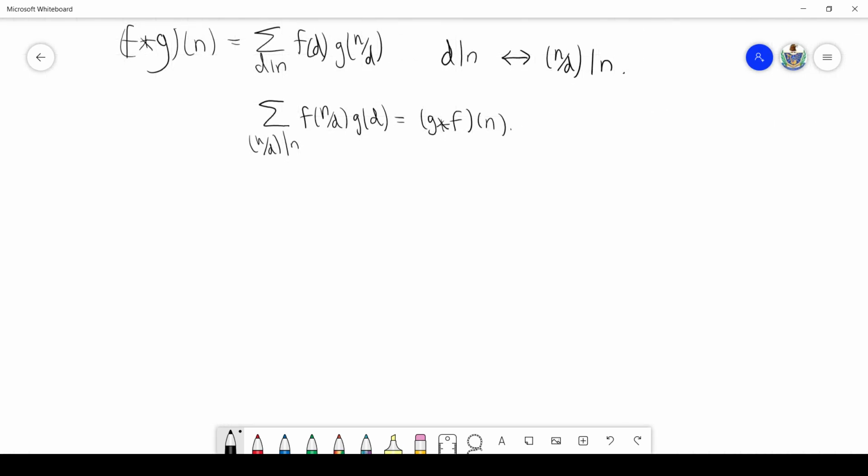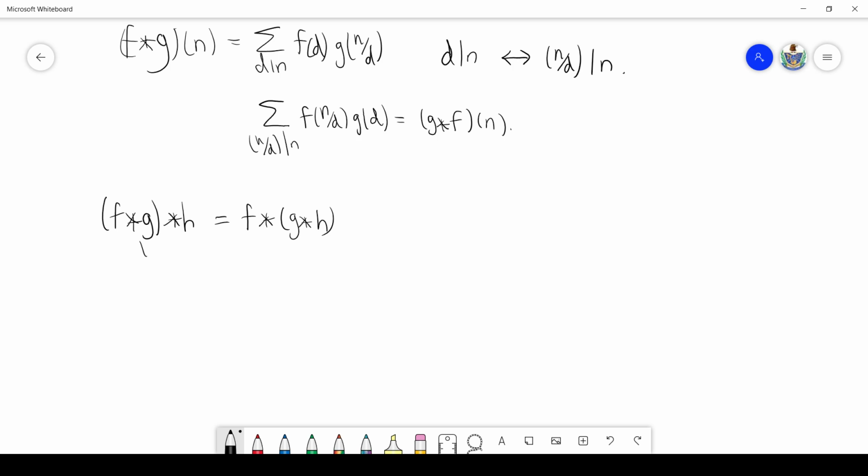Alright, next we want to show that this Dirichlet convolution is associative. So in particular, if we take 2 arithmetic functions, we want to show that if we convolute f and g and then convolute h, it's the same as if we took f and convoluted it with the convolution of g and h.